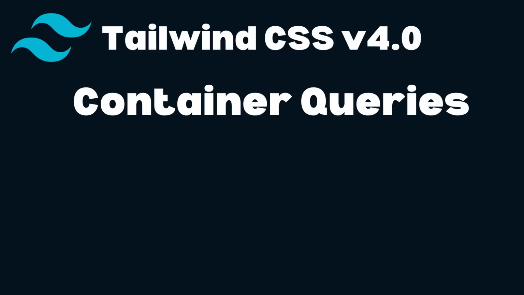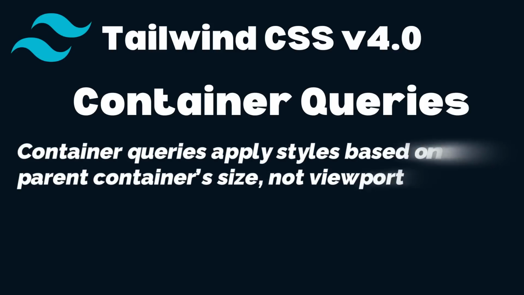Now, what exactly are container queries? In previous versions of Tailwind, we primarily relied on media queries to make designs responsive. Media queries allow us to style elements based on the viewport size, but sometimes that's not enough. Imagine you're building reusable components inside a complex layout.